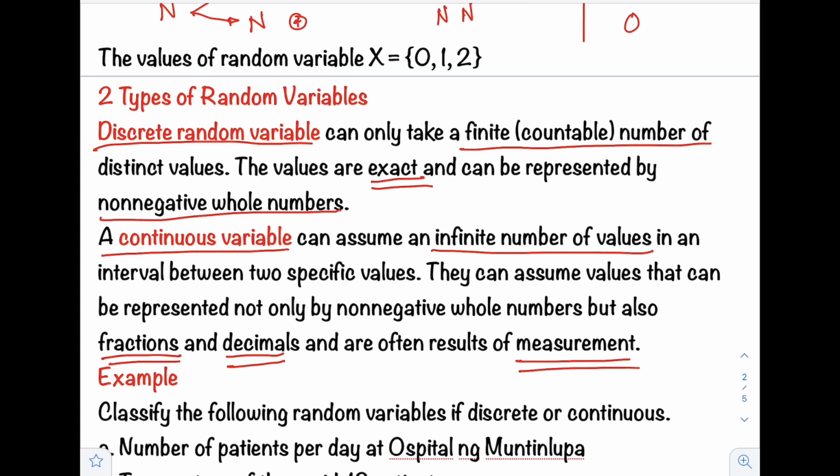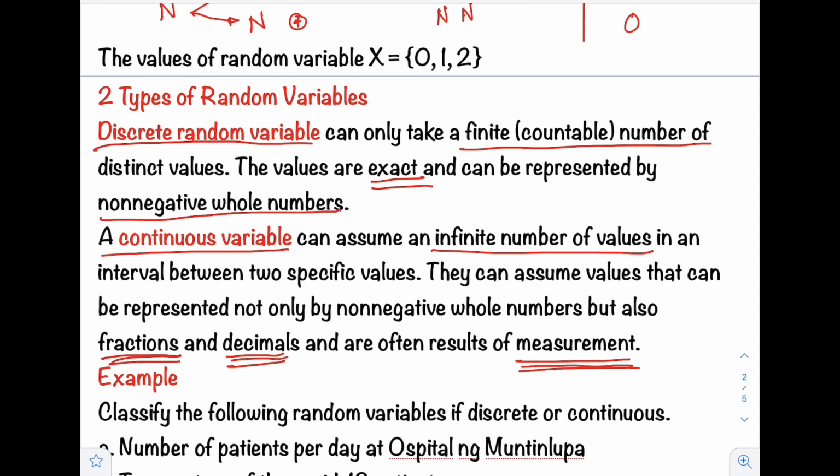So, the main difference ng continuous variable kay discrete is si continuous variables, meron siyang mga fractions or decimals. Then, at the same time, yung kanyang mga values is na-obtained through measuring. No? While sa discrete is by counting tayo dun. Or puro whole numbers lang.